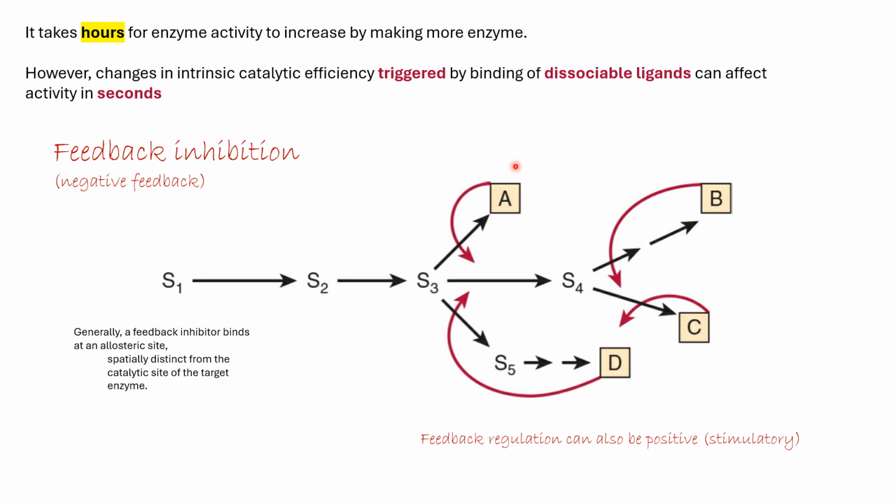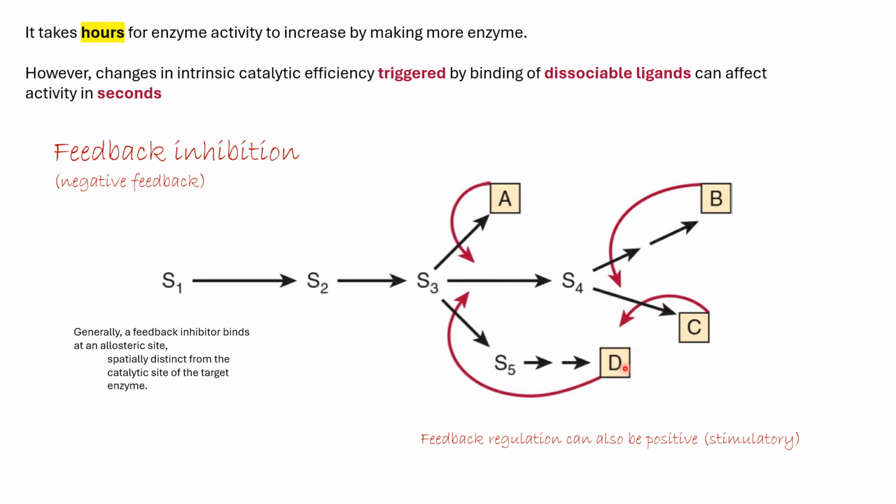And what we have here is an example of a pathway with some branches on it, from various intermediary substrates towards some final end products, A, B, C, and D. And in this case, a red arrow has been drawn back to the first step unique to that pathway. So if we want D, then we need to have substrate number 3, and substrate number 3 could be directed down any of these pathways.